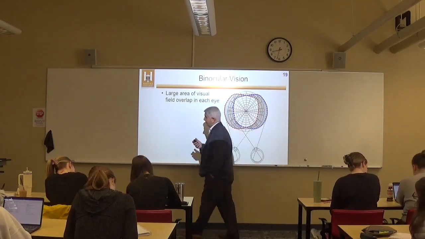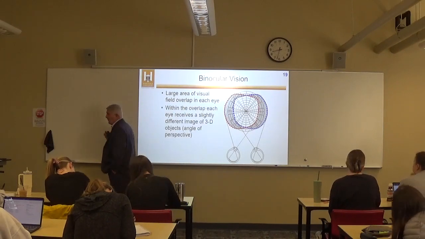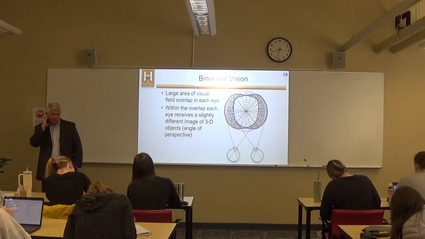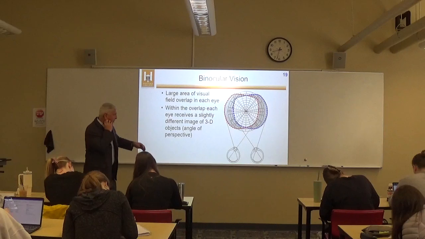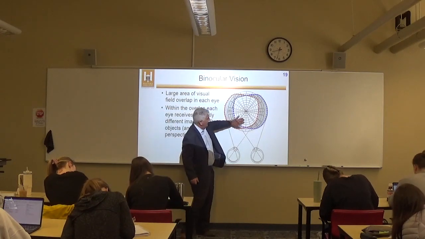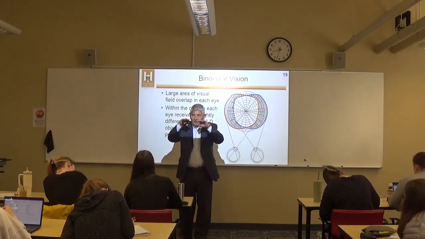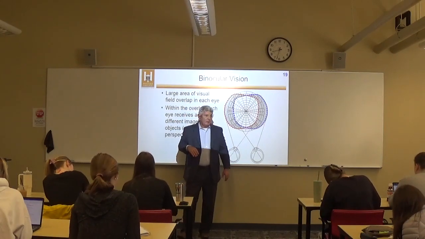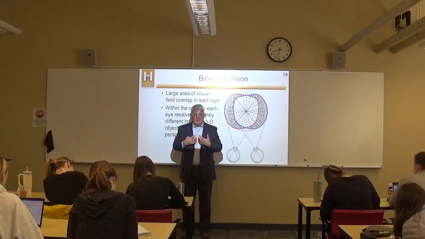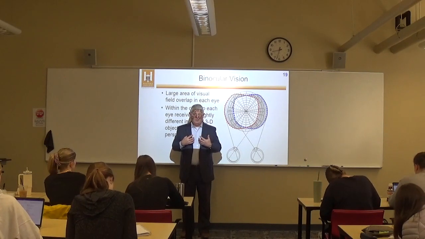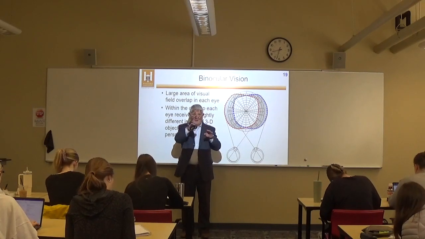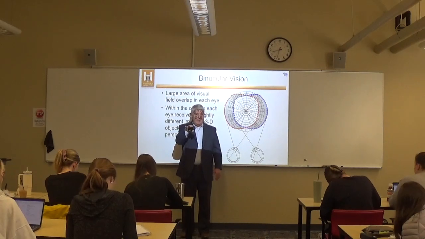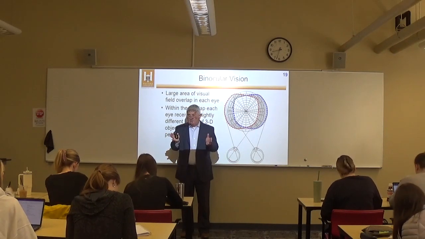All right. So we have a large overlap of our field of view, and each eye is getting a slightly different angle perception, right? So if you look at me and you close one eye and then open the other eye, I kind of bounce back and forth a little bit, and that's the difference in the angle that you're perceiving me.